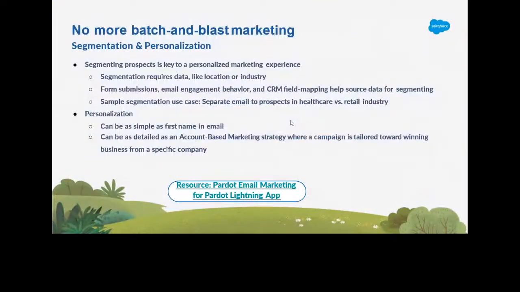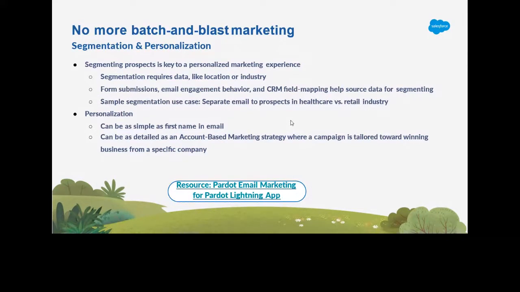Segmentation is one of the key factors inside marketing, because the better the segmentation process and the email personalization, the more it helps prospects engage with the marketing tool as well.